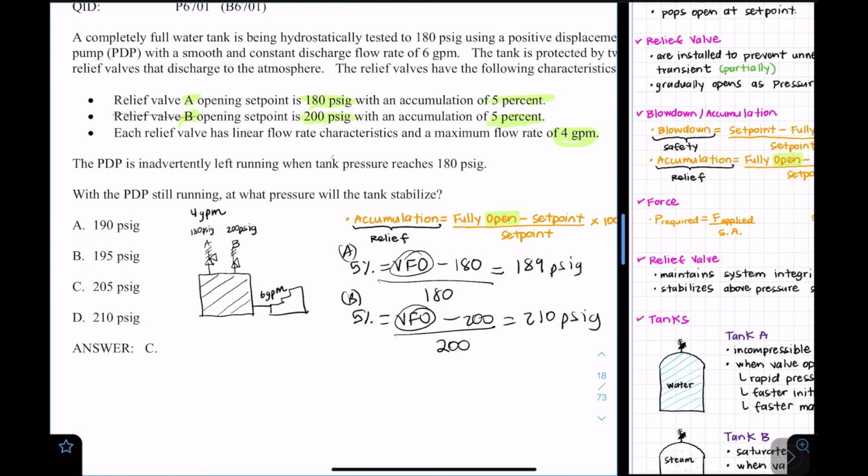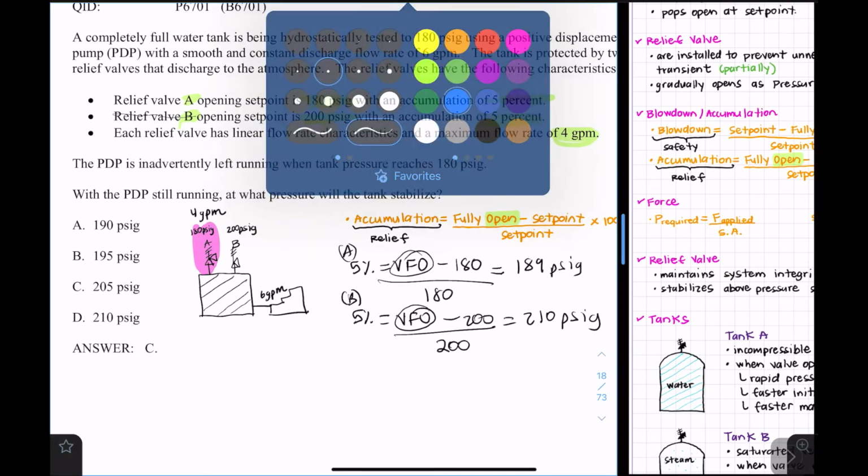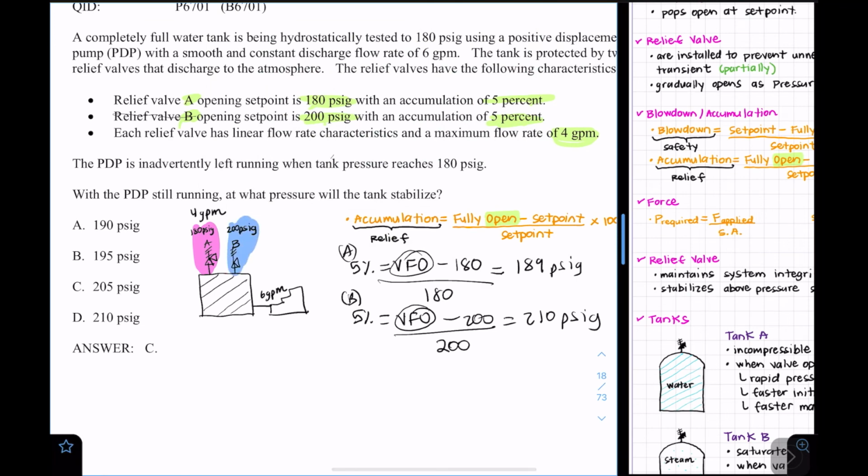So both valves can only have a maximum relief of 4 GPM, right? So at 180, the relief valve is gonna start lifting at 180. So relief valve A is gonna start opening first, right? And then when we reach the 200 psig, we're gonna open next.